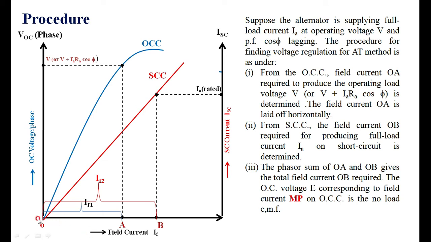The next step: first you have to measure OA with the scale here, then convert it into the field scale of the x-axis. Similarly, you have to measure OB in centimeters and convert it into field current by multiplying by the scale you have taken on the x-axis. That is how we get IF1 and IF2.